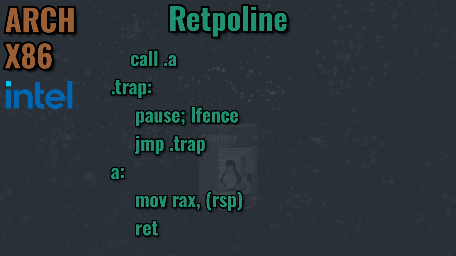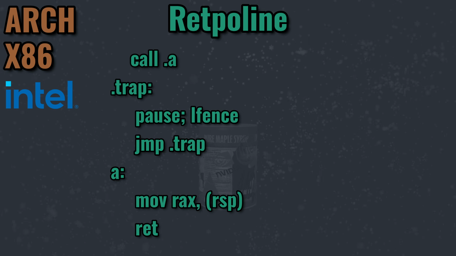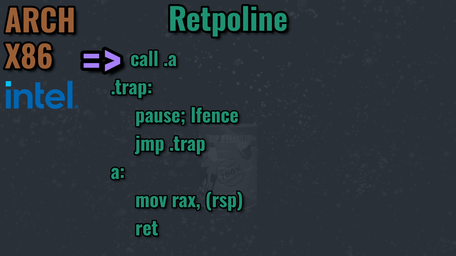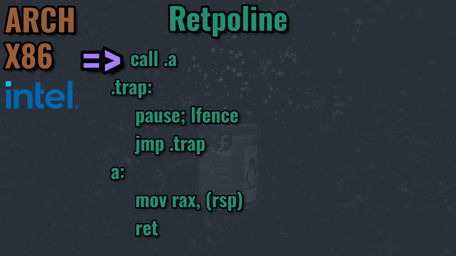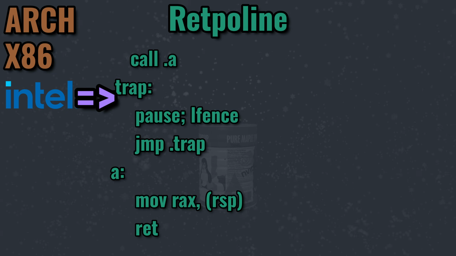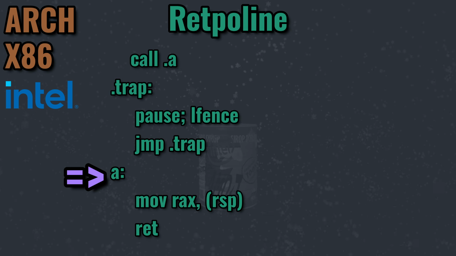Let's read this assembly as a non-speculative CPU. So we're reading this as if we're executing for real. First, we have a call A instruction. Call A is a direct branch because when it is compiled, we will jump directly to a specific address that we already know. So we jump to A. After that, we have move RAX.